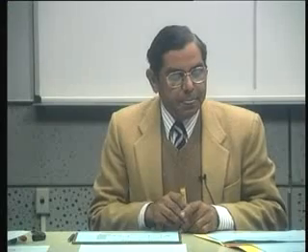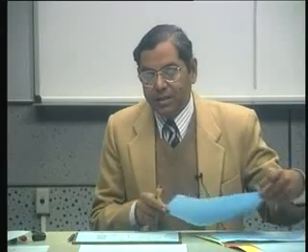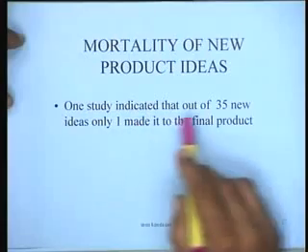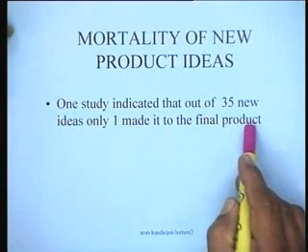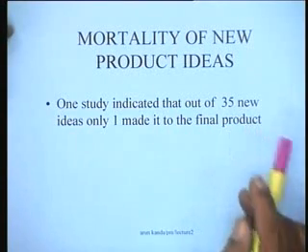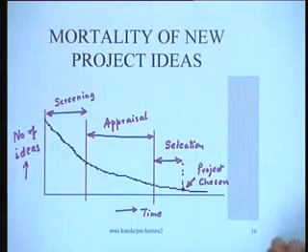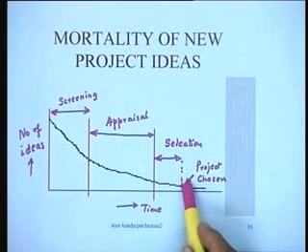As far as new products, there is an interesting result: one study indicated that out of 35 new project ideas, only one made it to the final product. So if you look at this diagram, there are 35 ideas here and only one makes it finally to the final project.